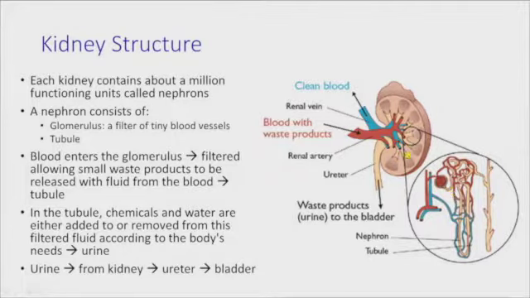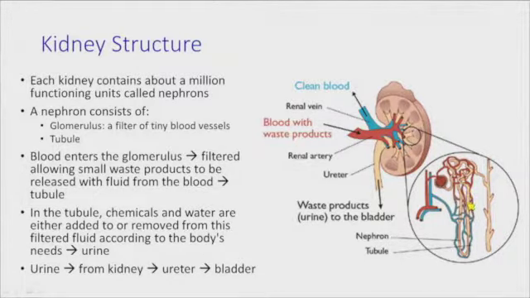What happens is that when the blood enters the kidney coming from the renal artery, it ends up here in the border of the kidneys, and that is where the glomeruli are located. The blood enters the glomerulus and is filtered, and this allows small waste products to be released with some fluid from the blood, and then it goes from the glomerulus to the tubule.